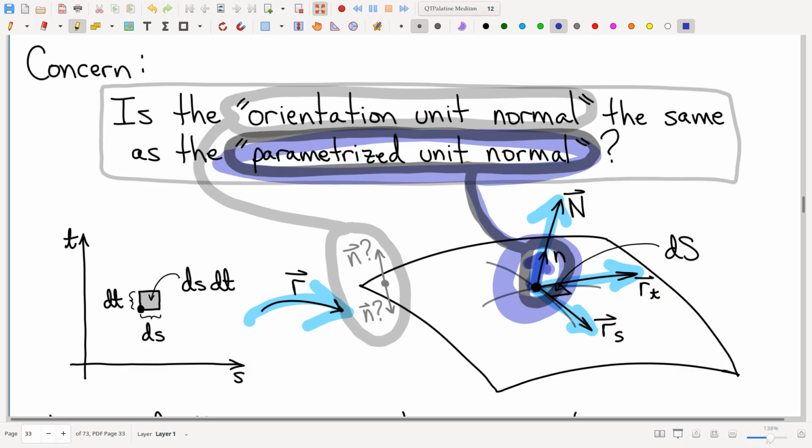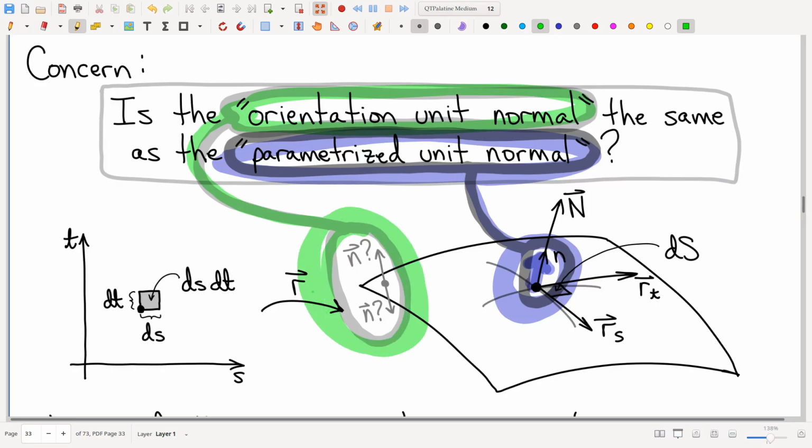Now, is it the correct orientation? Oh, wow. Why would it be? It's not clear why we would expect it to be correct. The question came to us with a given orientation, either that way or this way.